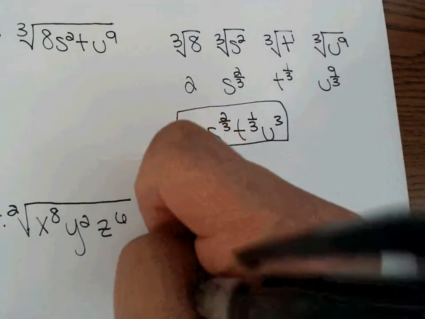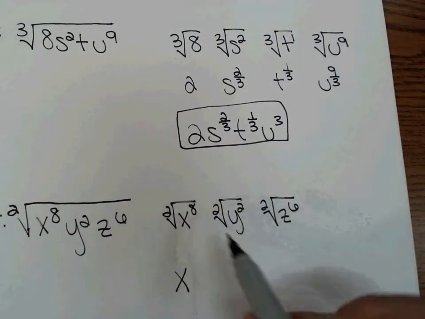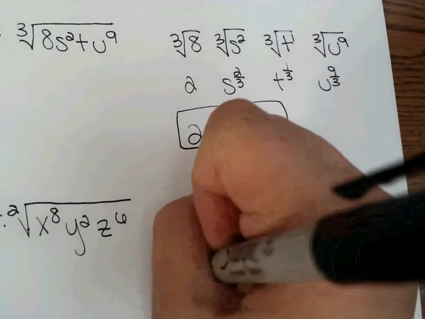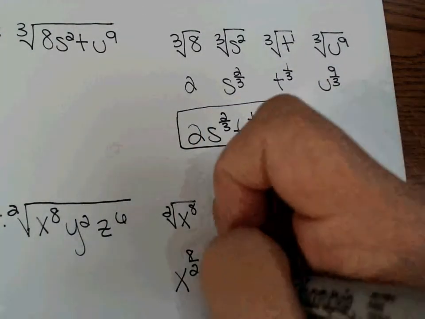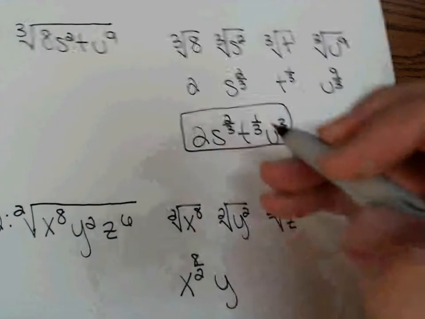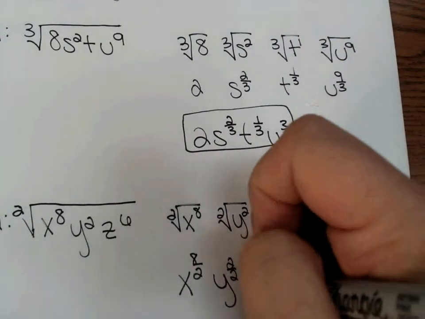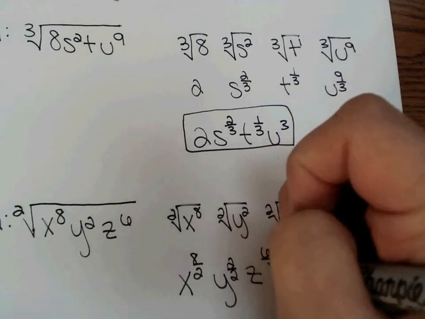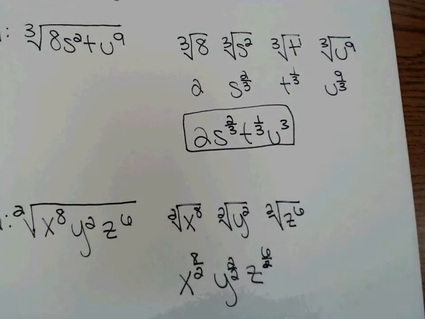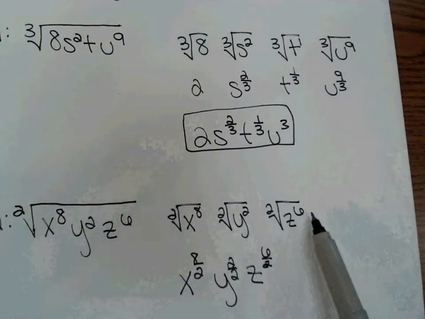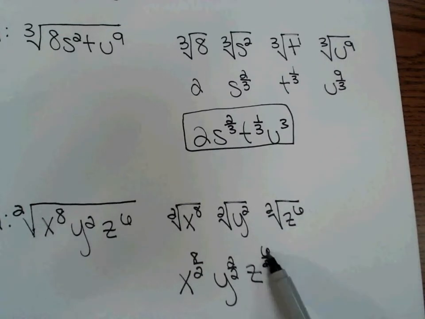So my x term is going to become x to the 8/2, y to the 2/2, and z to the 6/2. Remember what's inside goes on top, what's outside goes on bottom.